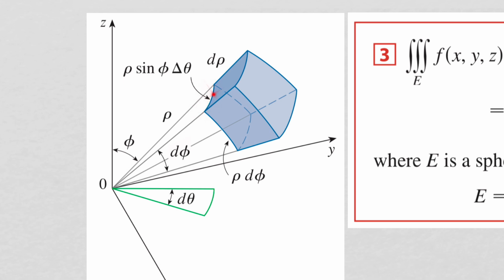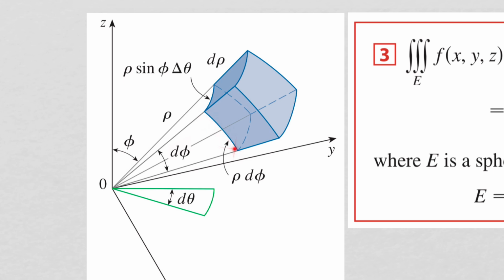This distance right here can be found by using arc length, and we know that this angle down here is equal to delta theta. So to approximate this length, we take the angle multiplied by the length from here to here, and that is rho times the sine of phi.